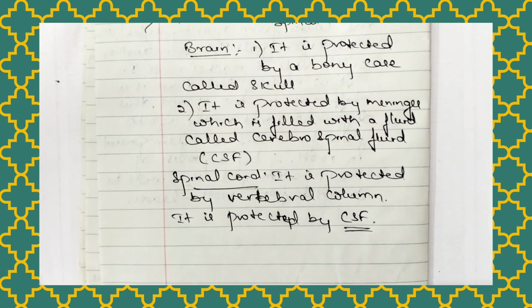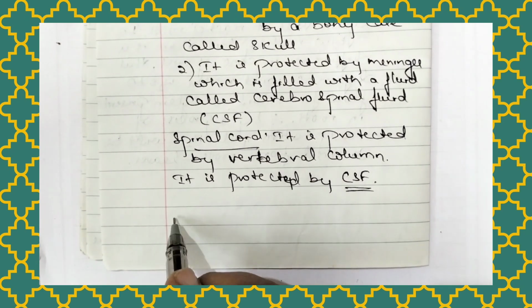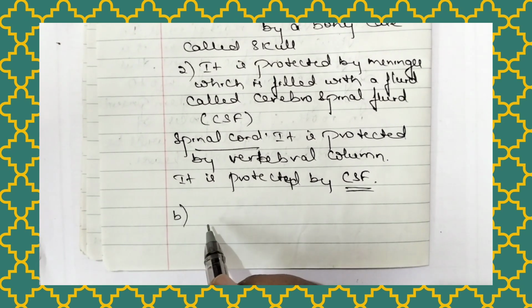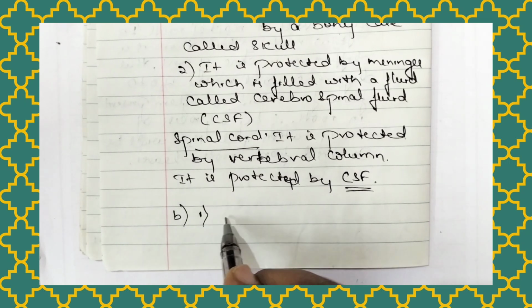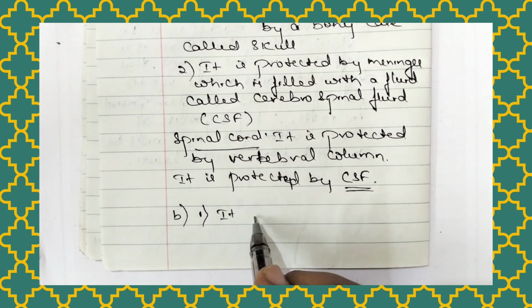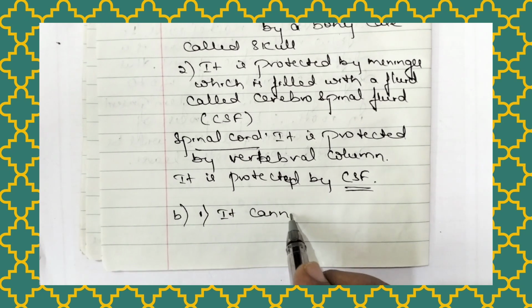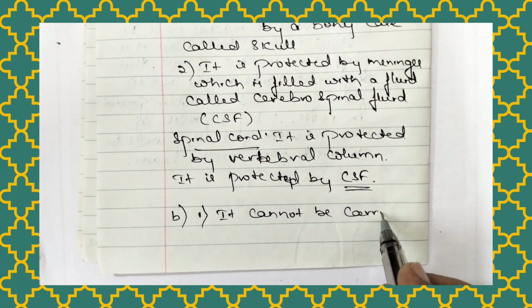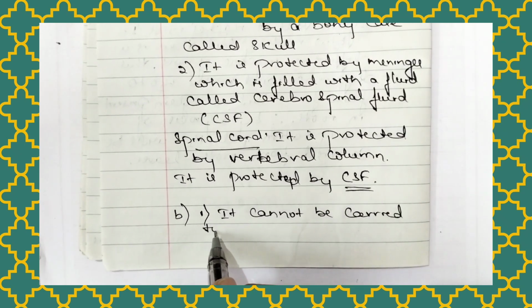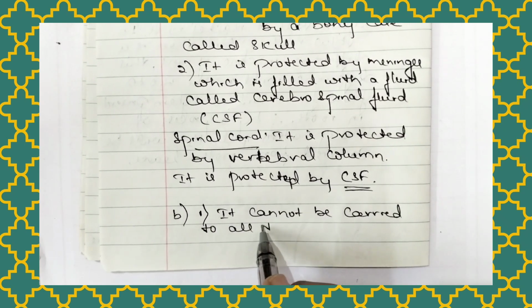Then the second question: write two limitations of the use of electrical impulses. First, it cannot be carried to all the parts of the body.